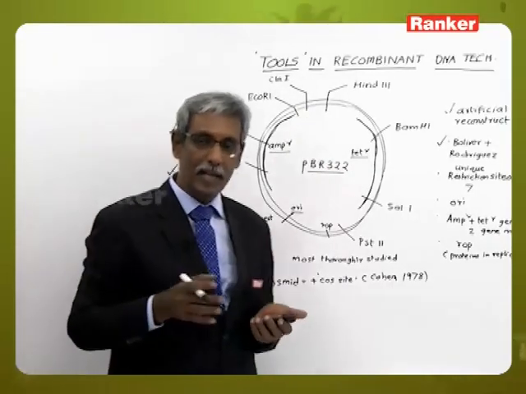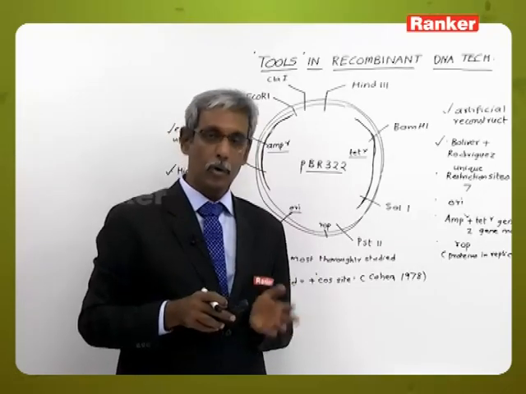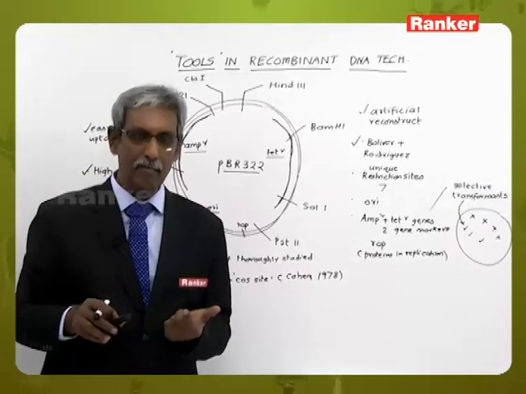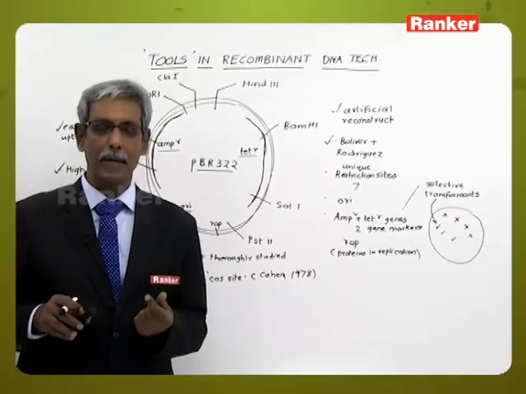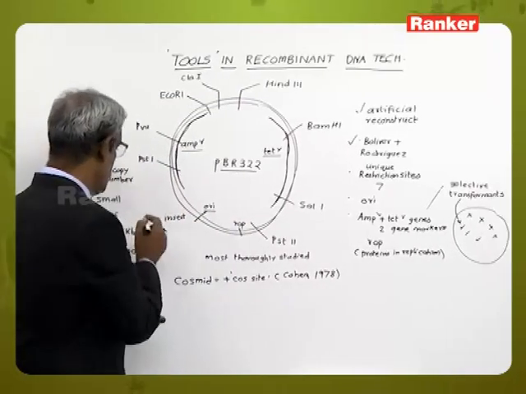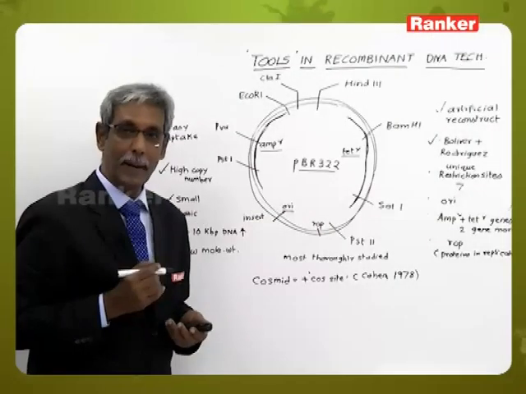There are different plasmids which can take large, small or medium molecules. So plasmids have got properties of uptake of DNA, they have selective markers, and they show either high copy number or low copy number. pBR322 shows a high copy number, and it is a low molecular weight plasmid.